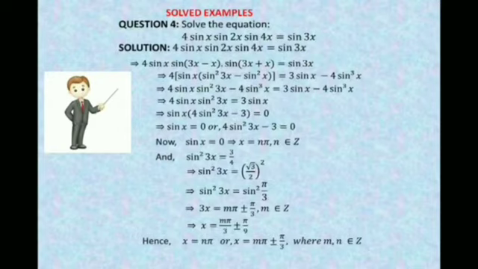You just see, we are applying sine square theta is equal to sine square alpha, then theta is equal to n pi plus minus alpha. So what we did here, sine square 3x is coming out to be sine square pi by 3. So we directly applied this formula. We have already taken n for solving the first part of the equation, so we are taking here m for solving the second part of the equation.